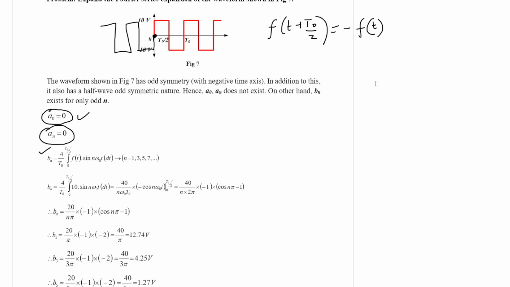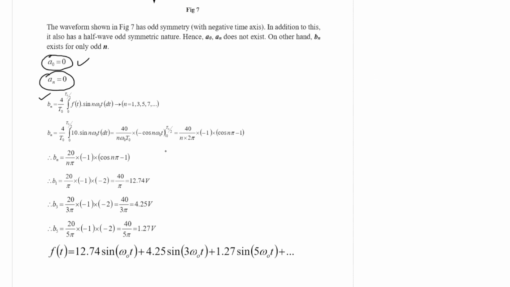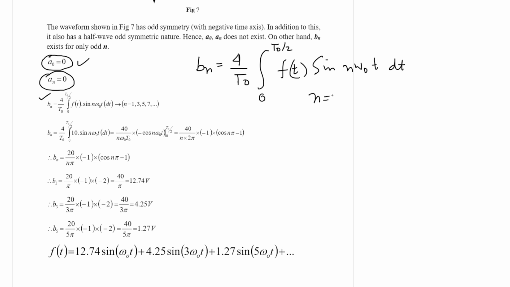So you can directly substitute: Bn is equal to 4 by T0 integration f of t sine n omega naught t dt. Now integration should be carried out from 0 to T0 by 2. Now you must put n is equal to 1, 3, 5, 7 and so on.